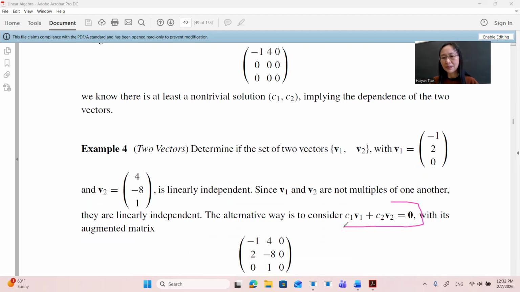That's the system, right? We're trying to write the homogeneous system, to see if we have only trivial solutions. If we immediately conclude that we have only the trivial solution, then the two vectors are linearly independent. Otherwise, they are dependent.